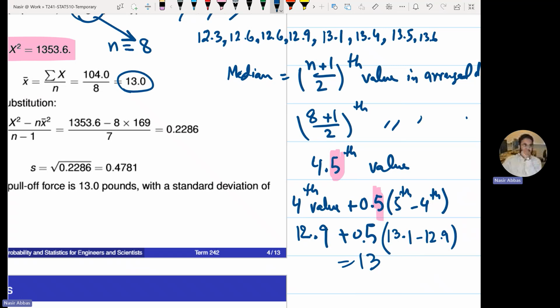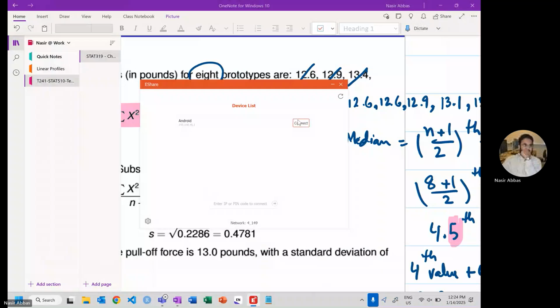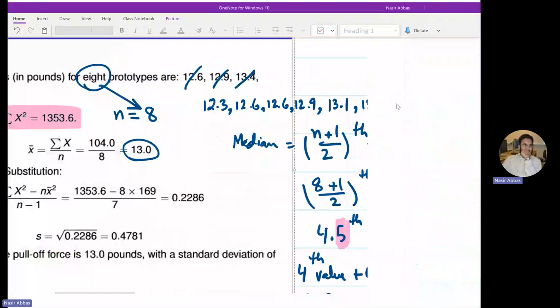Now, what is the mod of this data? These are few comments that you need to know about mod.